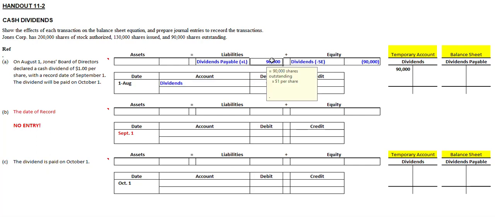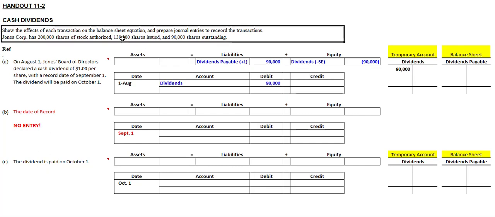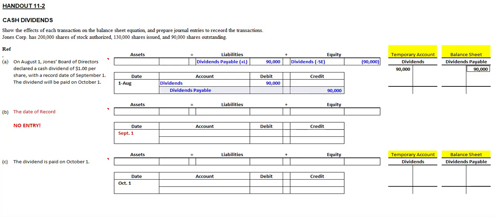We've got 130,000 shares issued, but we've reacquired 40,000 and are holding those in the Treasury. Dividends aren't paid to Treasury shares. So we debited dividends for $90,000, and we credit dividends payable for $90,000.